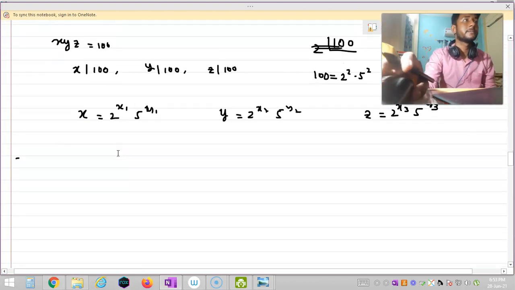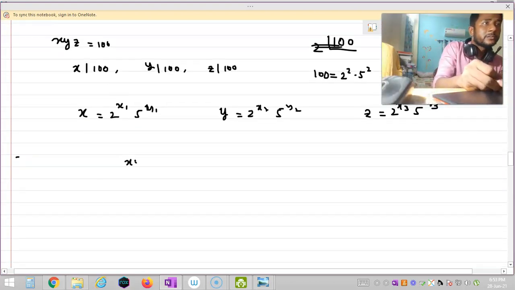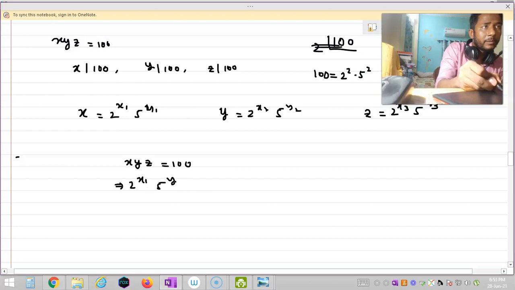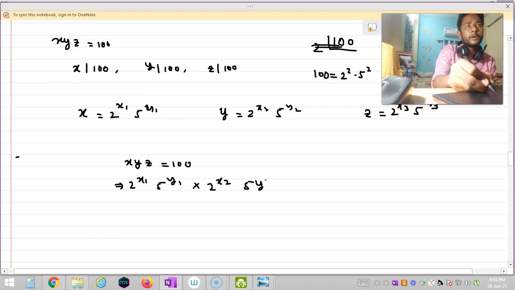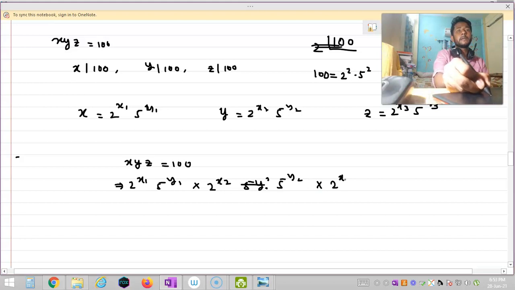So xyz equals 100 gives 2 to the power x1, 5 to the power y1, multiplied by 2 to the power x2, 5 to the power y2, multiplied by 2 to the power x3 into 5 to the power y3, equal to 100.